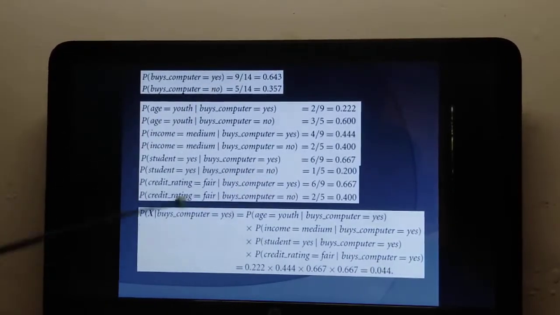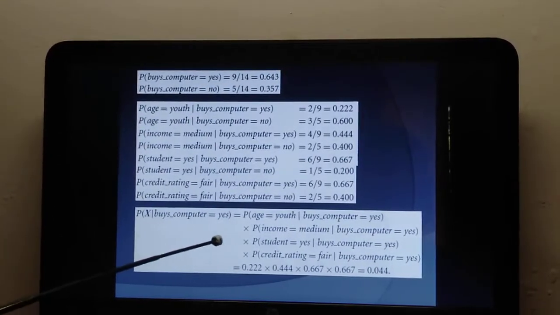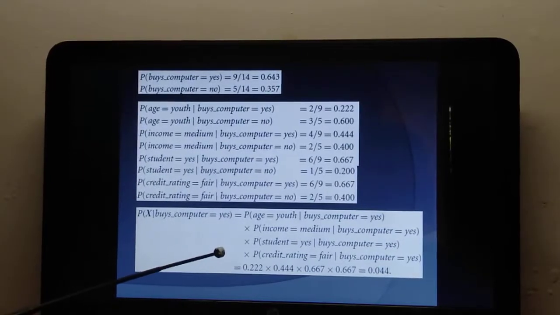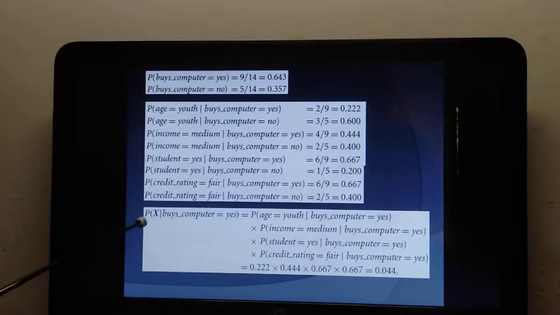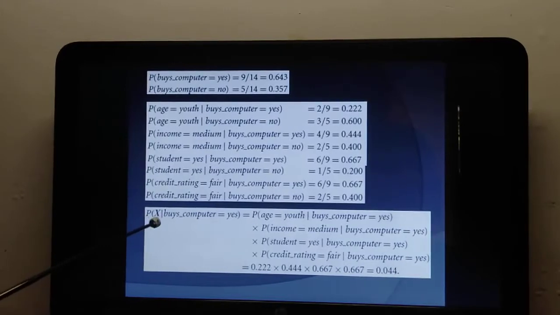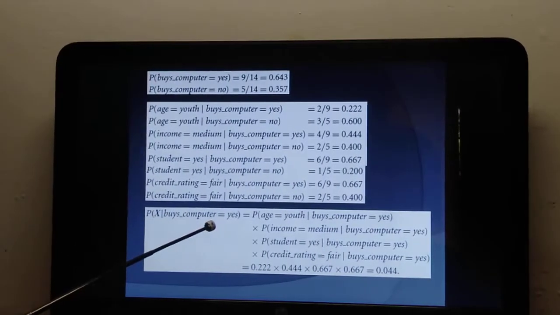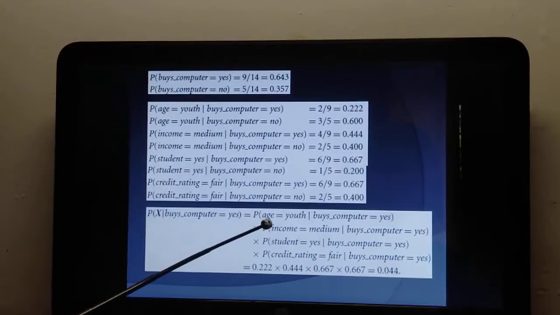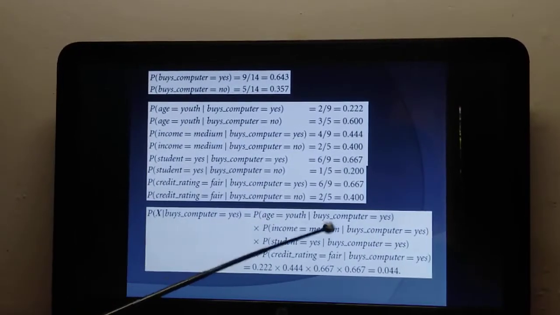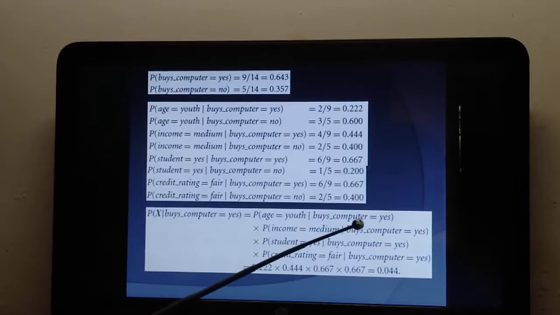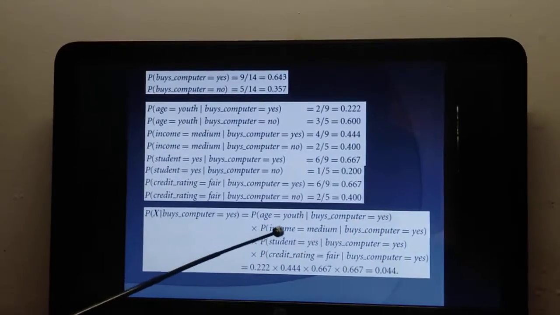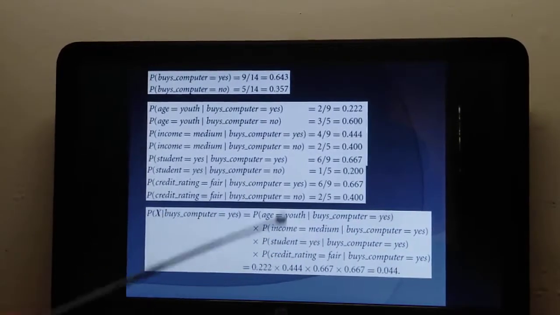Okay. Now, we substitute those values inside the equation for the class. That is, probability of X given buys computer yes is equal to probability of age is equal to youth given buys computer yes, into probability of the other attributes, because X has got 4 attributes.